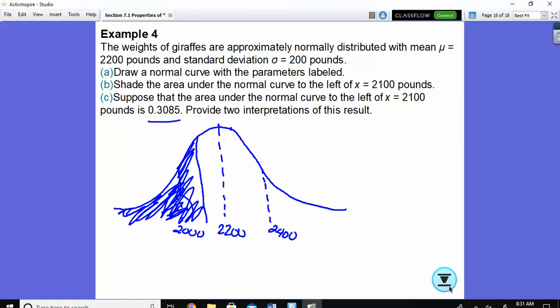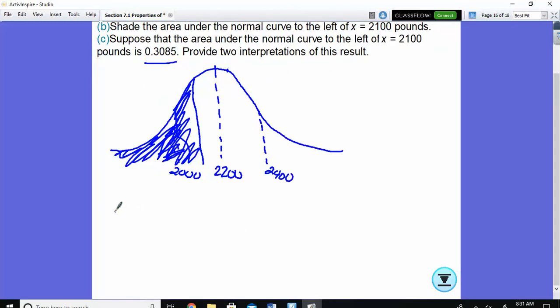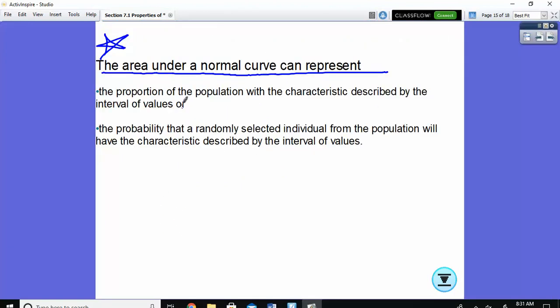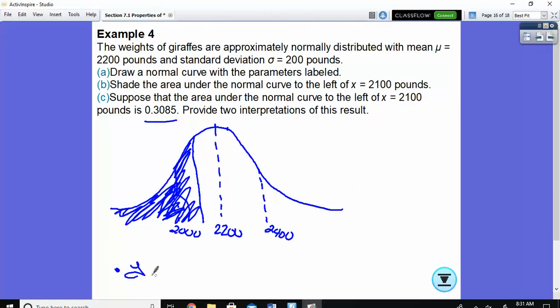So part C says, suppose that this area is 0.3085. Provide two interpretations. So the first thing we could say, if you look back at those options, first one is talking about the proportion of the population.